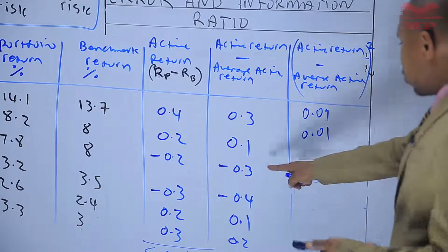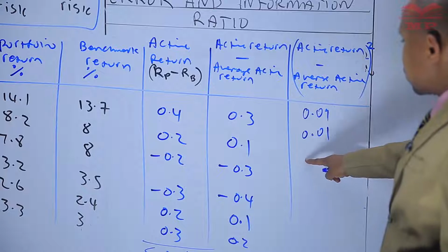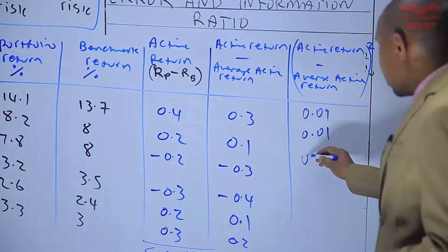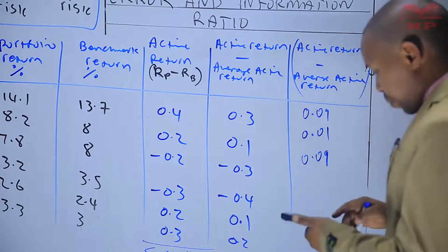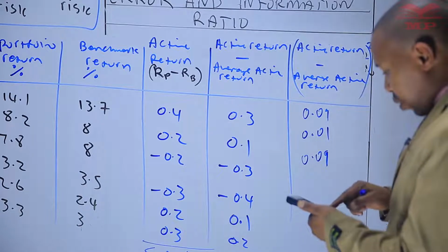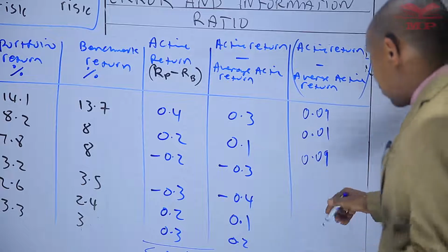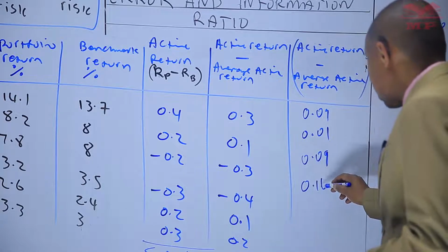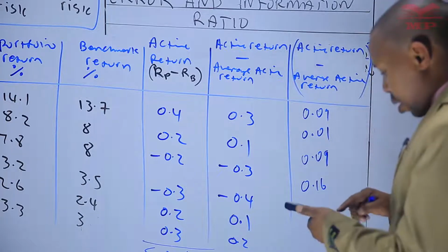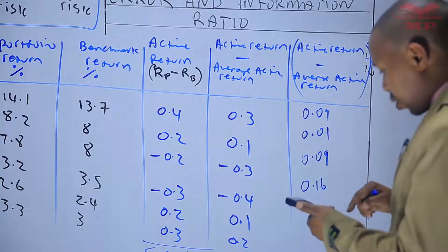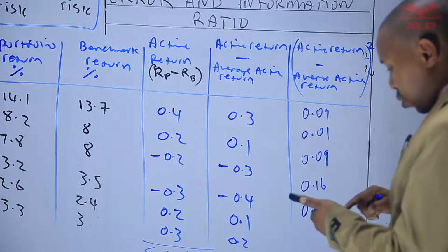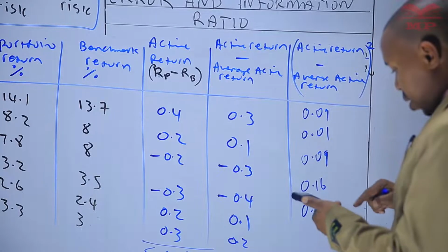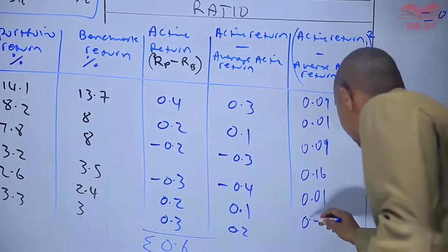And then this is going to be 0.09, obviously, because it's going to be an absolute value. Then 0.4 squared, of course, is going to be 0.16. 0.1 squared is going to be 0.01. Then 0.2 squared gives us 0.04.